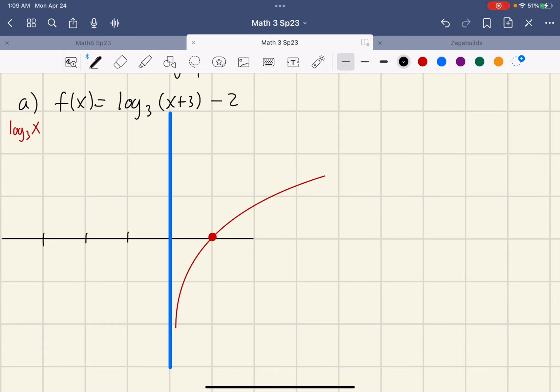So that means my new asymptote is at where x is -3, because it shifted 3 to the left. But so does my point. My point also has to shift 3 to the left, which is now here.